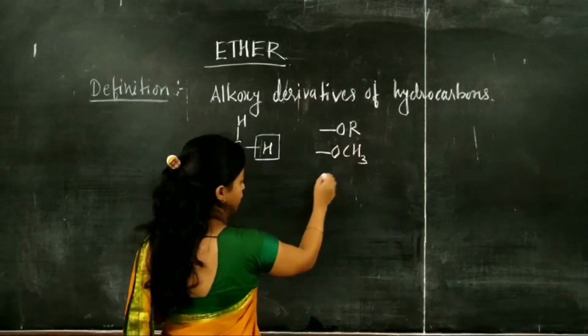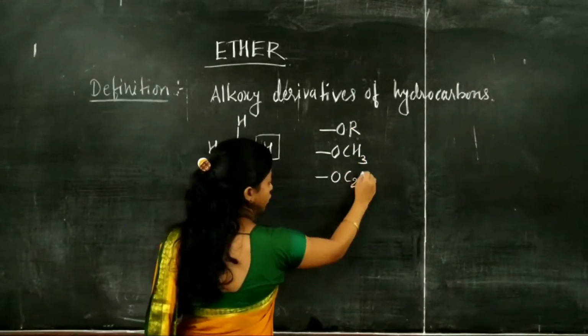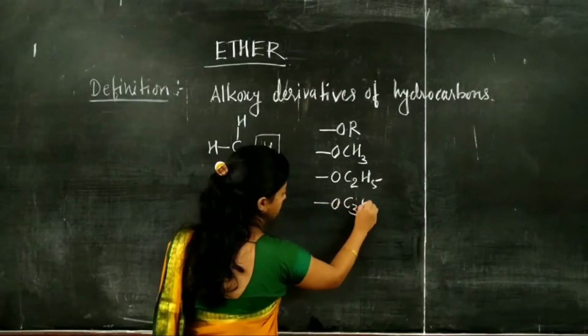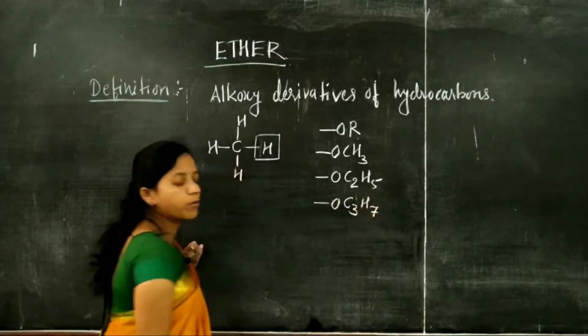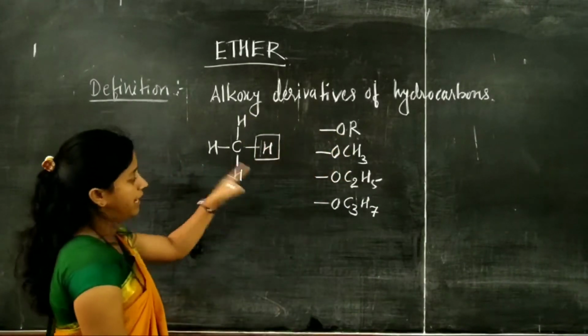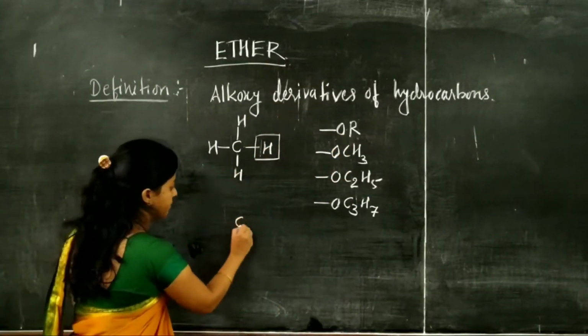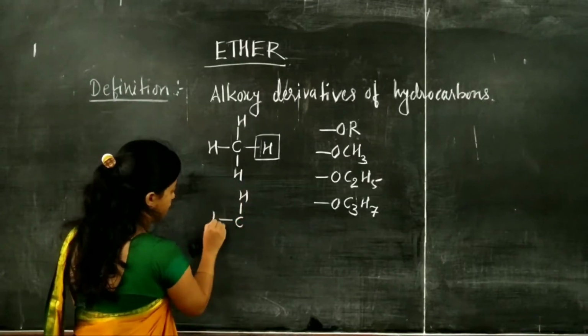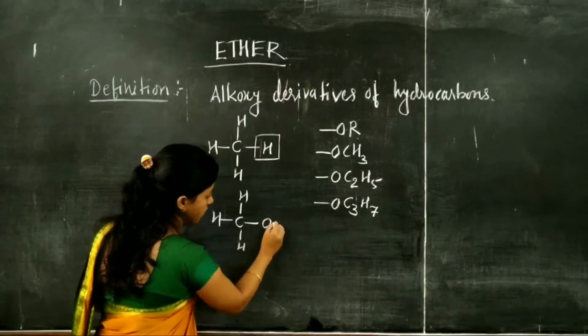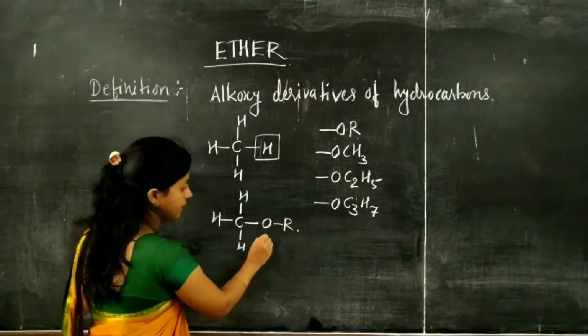R may be CH3, or C2H5, that is ethoxy, or propoxy. So, alkoxy derivatives of hydrocarbons. If I replace one of the hydrogens by an alkoxy group, that is OR, then this is an ether.